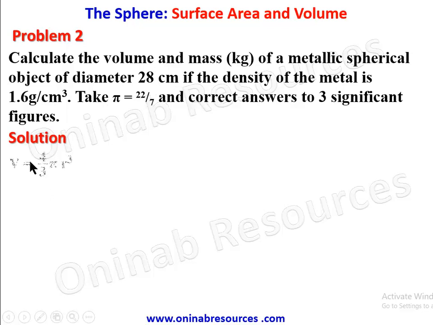So volume is 4 over 3 pi r cubed. Our pi is 22 over 7. Our radius is half of the diameter, which is 28 divided by 2, which gives us 14. Substituting in these values, we have 4 over 3 times 22 over 7 times 14 cubed.